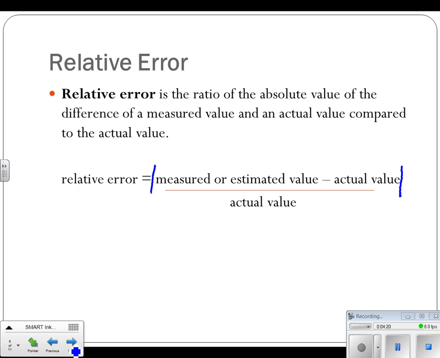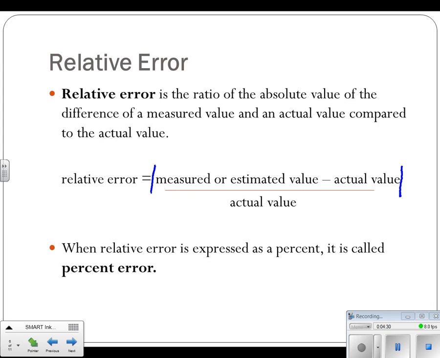So you've got to be reasonable when you estimate, and that's really what we're looking at here with relative error. When relative error is expressed as a percent, we call that a percent error. So we're going to be using this right here to figure out our relative error.